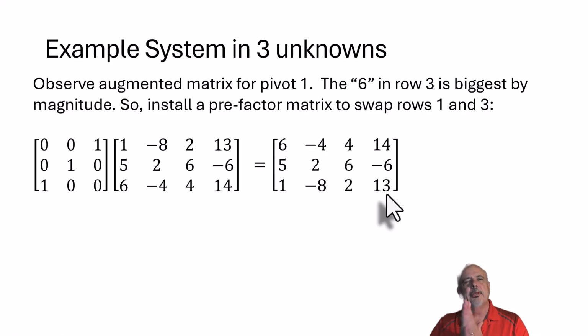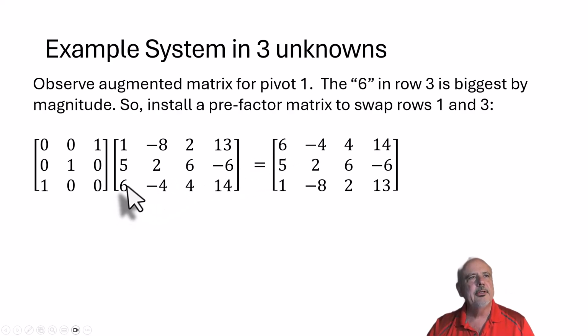And then we're going to observe something here. We want to move things around so that our first pivot is the largest by magnitude. So we want that 6 down here to be up here. We want to swap the first and third rows. To do that, I put my prefactor matrix like this.